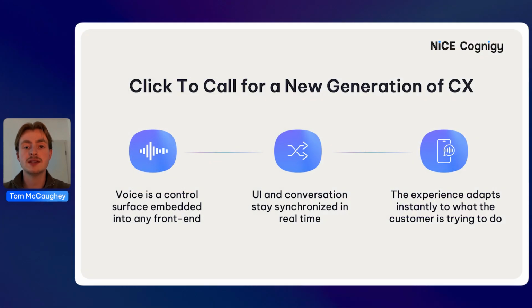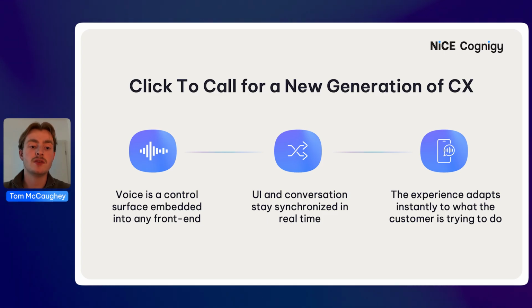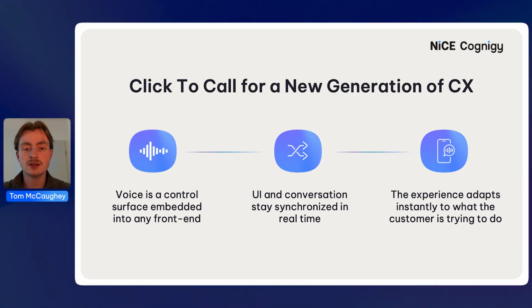In general, the idea is that voice becomes part of the digital UI. That means voice is a control surface and it can be embedded into any front end. The UI and conversation stay synchronized in real time, and that then leads to the experience adapting instantly to what the customer is trying to do. But before we head into the demo, let's check out the product to see how we can set it up.